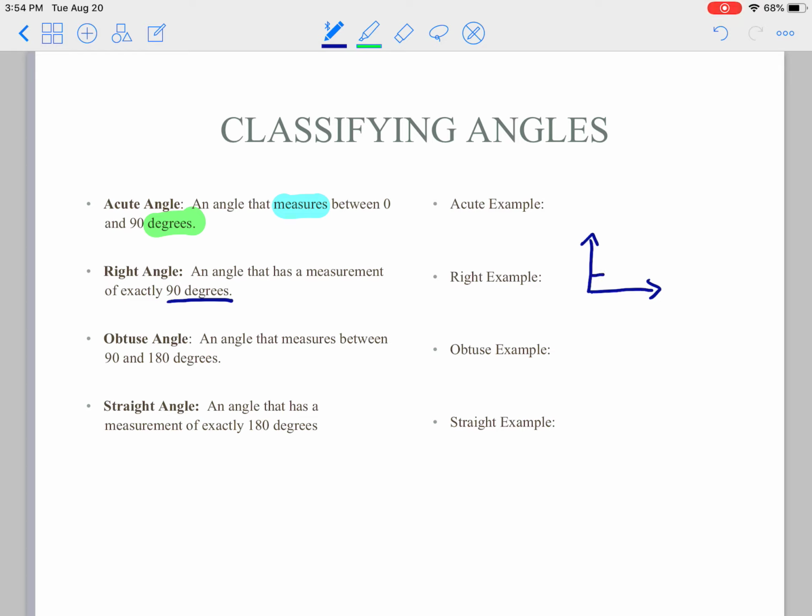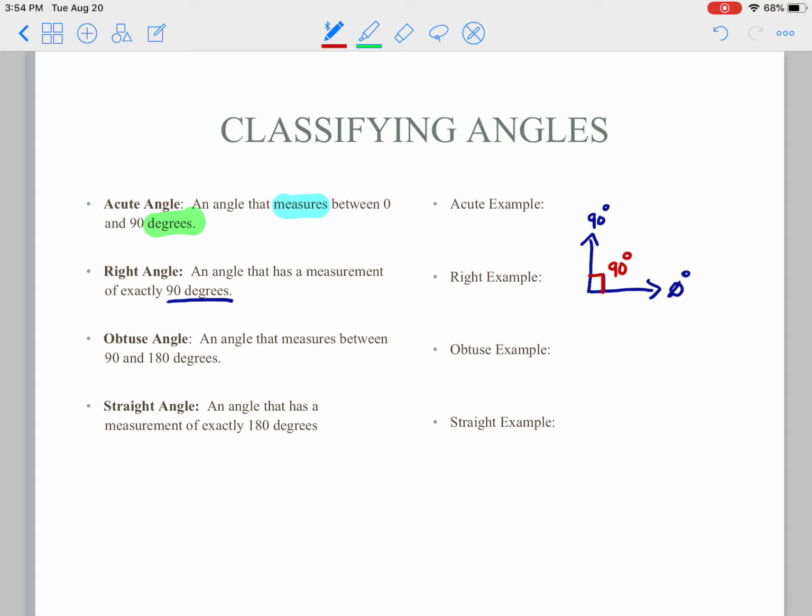So 90 degrees is shown by having a line that goes straight up from the one that is lying flat. So if this were sitting on a protractor on the ground, this would be 0 degrees. This will be pointing toward 90 degrees. So my angle itself would also be 90 degrees. And I denote that by putting a box in the corner of it. That is a right angle.